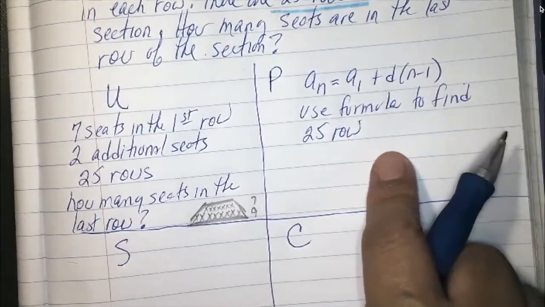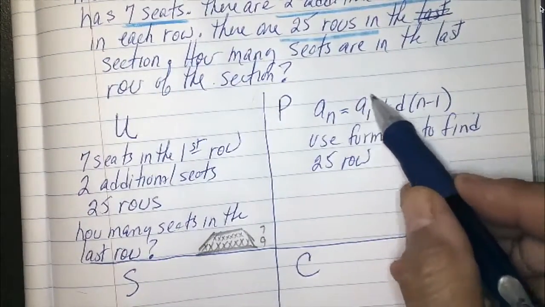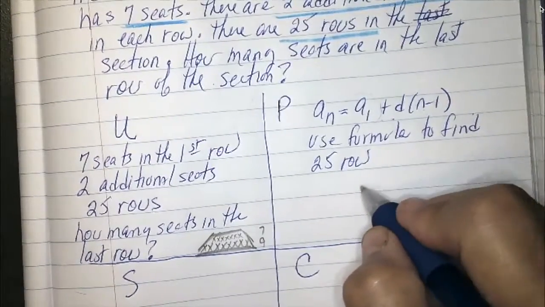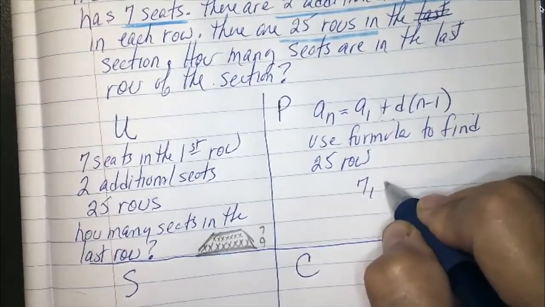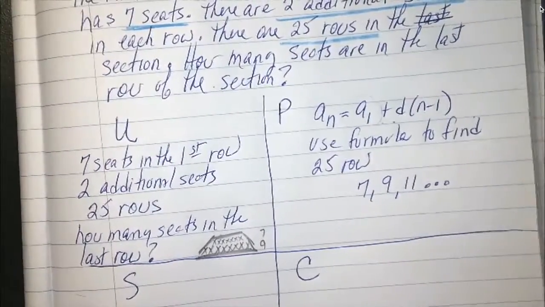We also need to identify some of these terms, so maybe we need to start our pattern off. We know that we started off with 7, and we added 2 more. Okay.